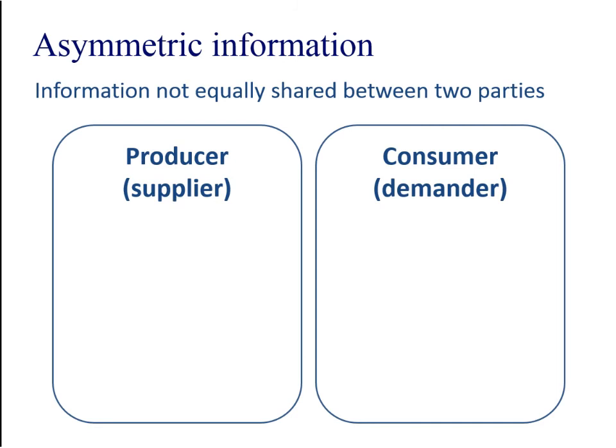So if we look at asymmetric information, you probably think about it more from your point of view when you're a consumer. So when you're buying products and you're in a shop and maybe someone's trying to sell you the product, sometimes it might cross your mind, is everything this salesperson's saying true? Are they just giving me the good information? They're not telling me the bad points and things like that.